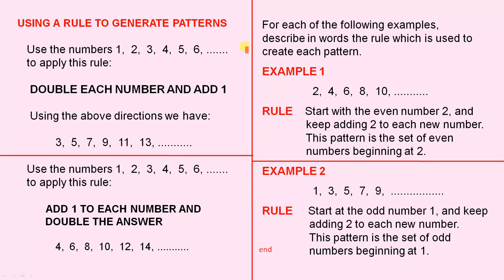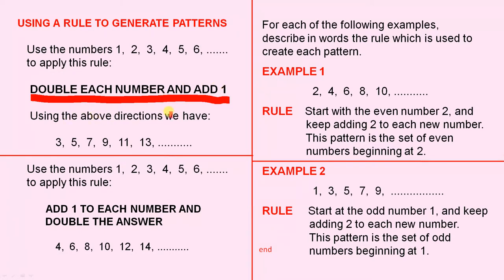Using a rule to generate patterns. Our object is to use the numbers 1, 2, 3, 4, 5, 6 to apply this rule. So here's the rule here. And we're going to apply this rule to those numbers. Double each number and add 1.